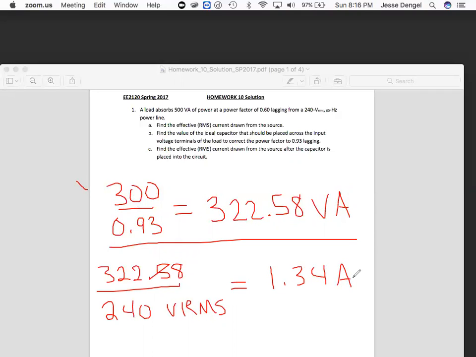So compared to our original 2.08 amps, 2.08 minus 1.34 times 240 means we are using 177.6 fewer volt amps, which is a significant amount of power saved by just having a correct power factor.